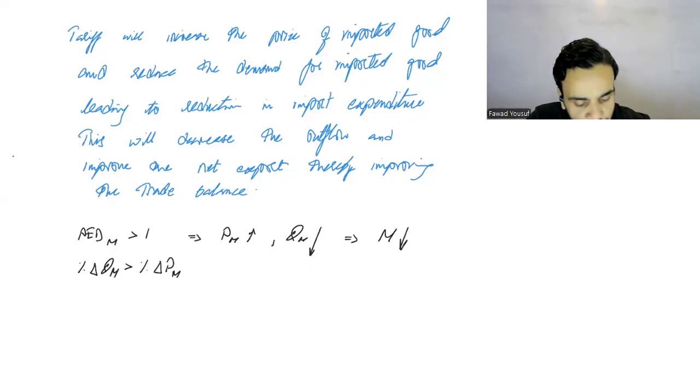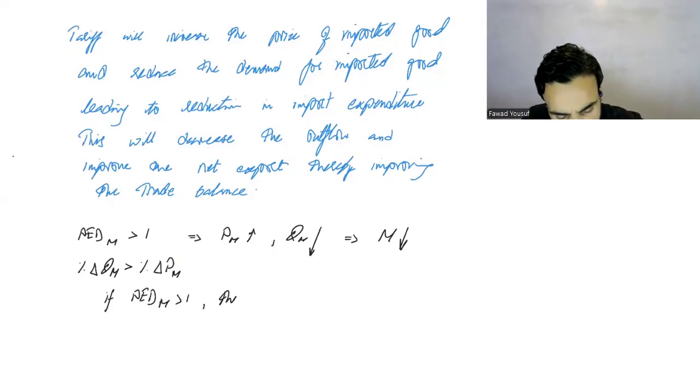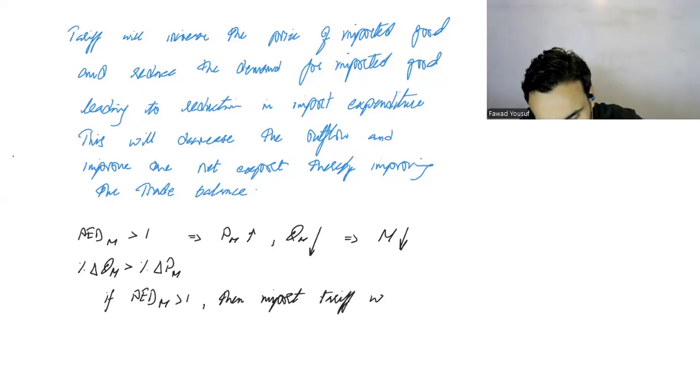So our conclusion is that if PED for imports is greater than 1, then import tariff will improve current account.